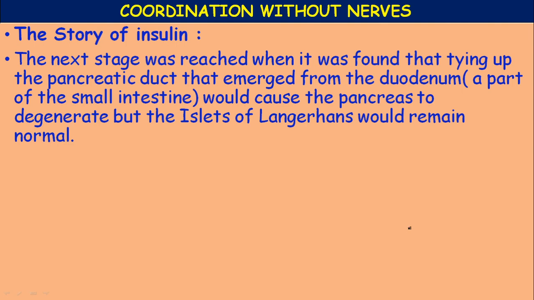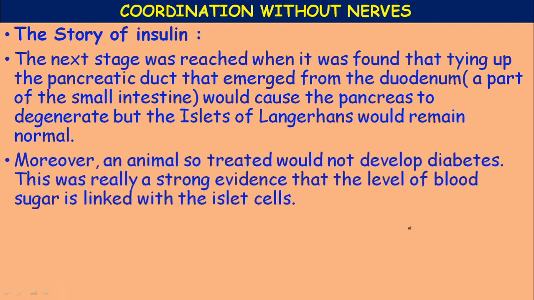the pancreas to degenerate, but the islets of Langerhans would remain normal. Okay, when they tied the pancreatic duct entering the duodenum, the pancreas started degenerating, but the special cells present in the pancreas, the islets of Langerhans, remained normal.